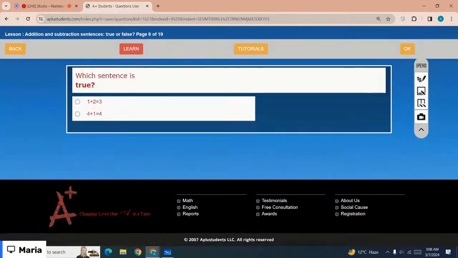Which is the correct option? Option number 1 is the correct option, right? 1 plus 2 equals 3 is the correct option.